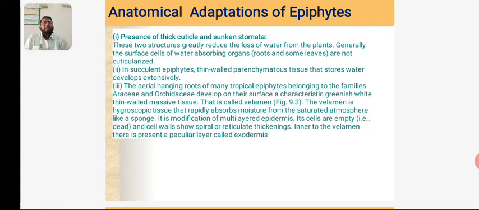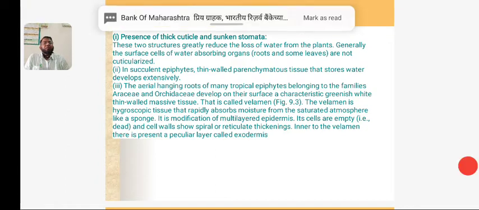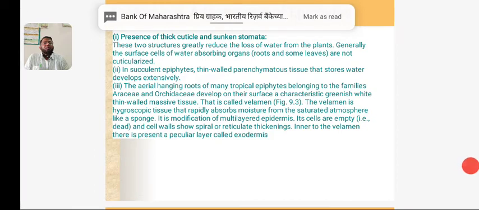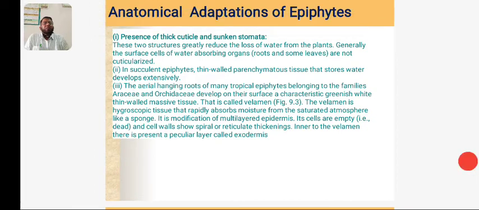The aerial hanging roots of many tropical epiphytes belonging to the families Araceae and Orchidaceae develop on their surface a characteristic greenish white thin-walled massive tissue that is called velamen. The velamen is hygroscopic tissue that rapidly absorbs moisture from the saturated atmosphere like a sponge.